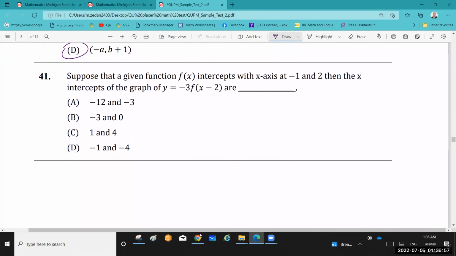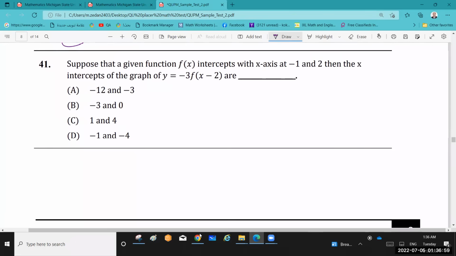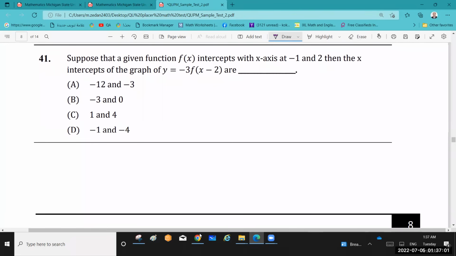Let me take 41, the same page, and in the last part of the video, I'll explain the rest of this exam. Suppose that a given function f of x intercepts the x-axis at negative 1 and 2, then what are the x-intercepts of the graph of negative 3 f of x minus 2?